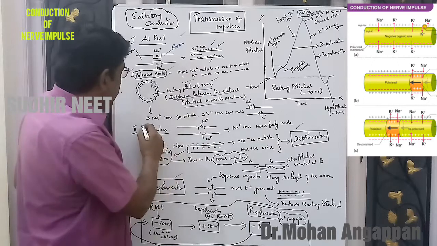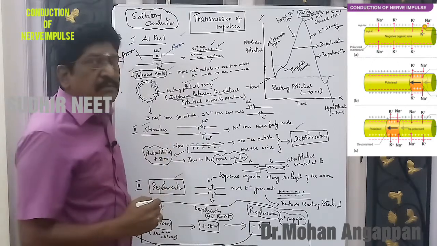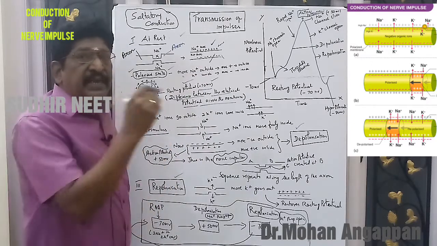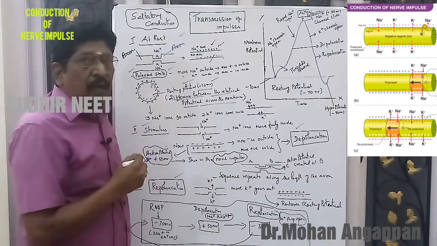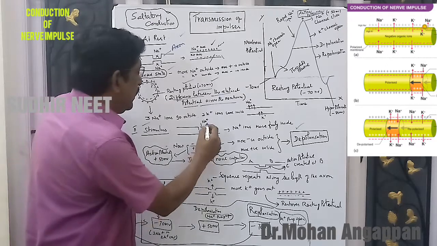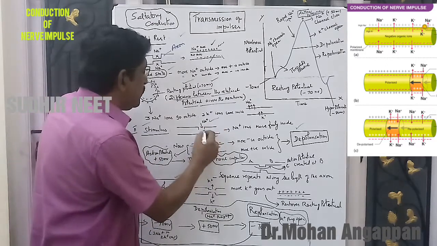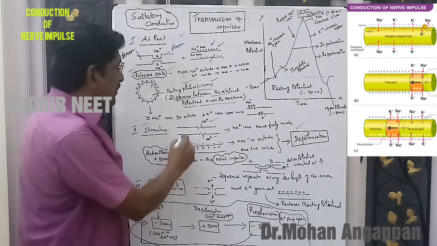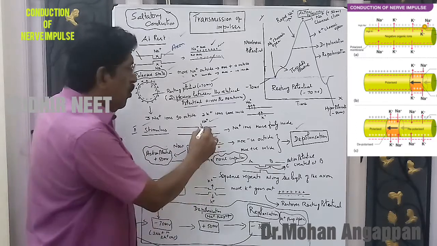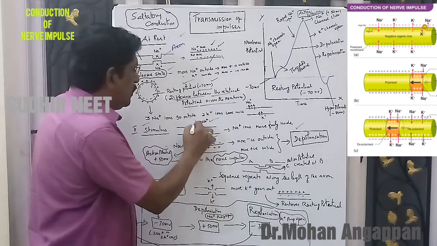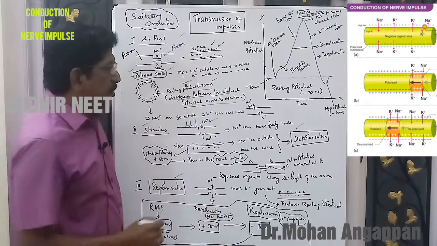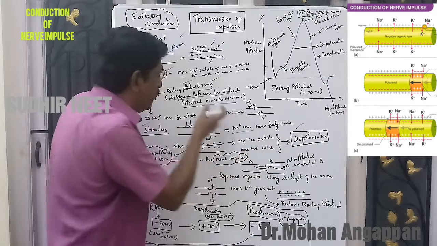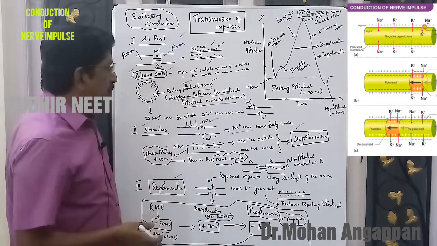Next stage, when a stimulus is created in the cyton, what happens now? You can see the sodium channels open and potassium channels are closed, and more sodium ions come inside the axon membrane. So more sodium ions move freely inside.